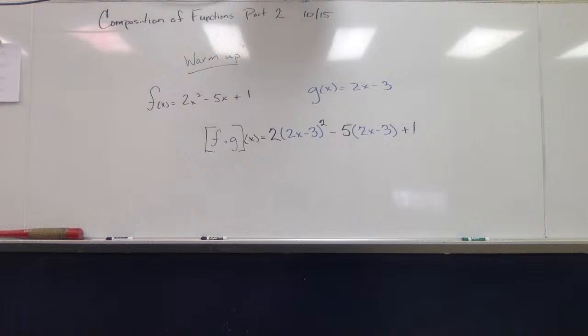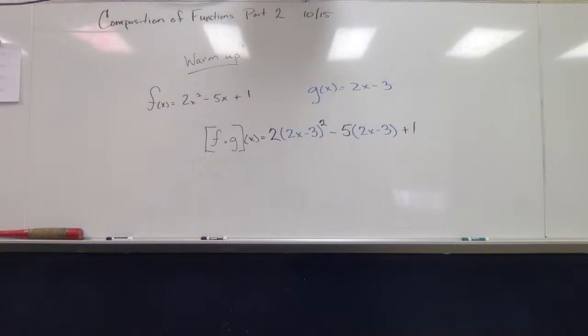Do that in your book. All right, so this is now 2 multiplied by 4X squared minus 12X plus 9, right? And then we'll do the next part after.